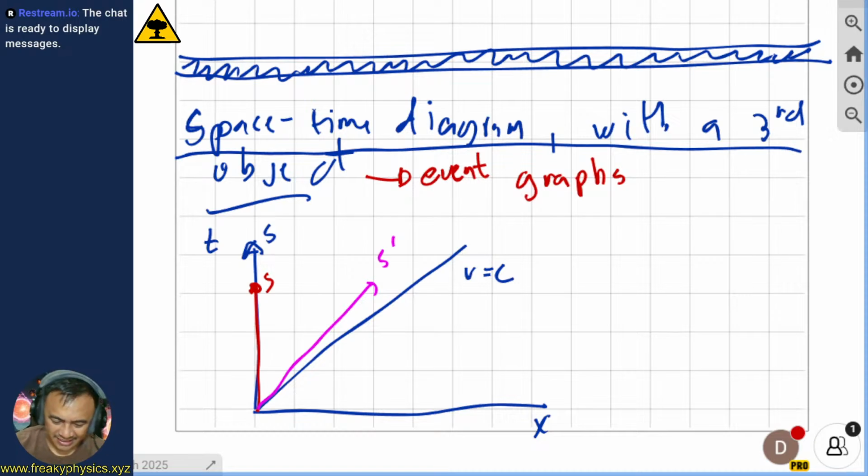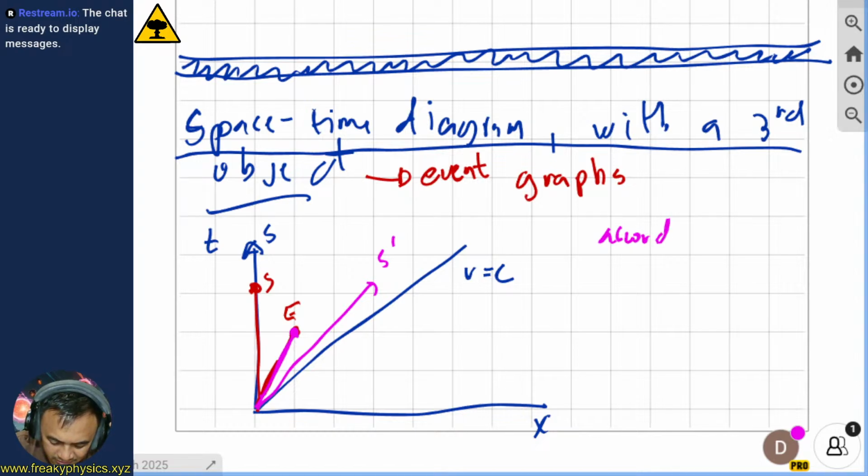Okay, so let's say that in this case you have this event here, and we'll call this event E. All right, and let's draw the world line here for this event E. Okay, let's use pink for that. Now let's keep it easy.